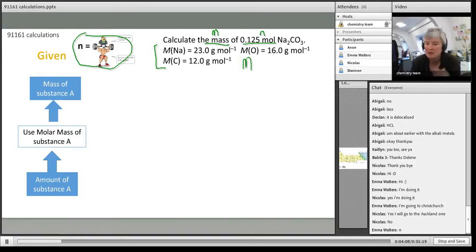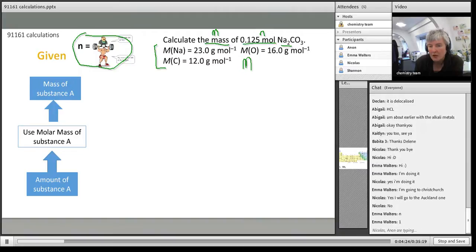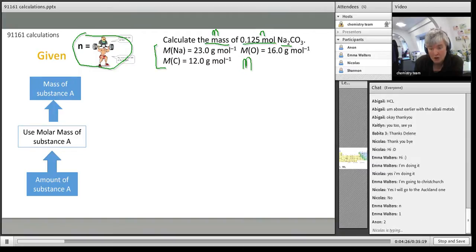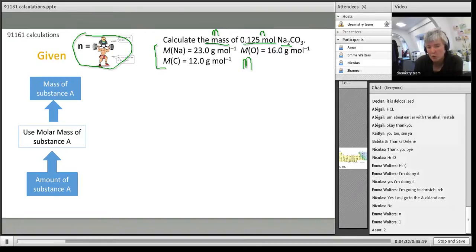So always start with your molar mass, because you've got to do that step somewhere, so you might as well do it now. So remember, how many sodiums have I got? I've got 2, okay, well done. Emma, can you see there I've got the Na and a small 2 after it.